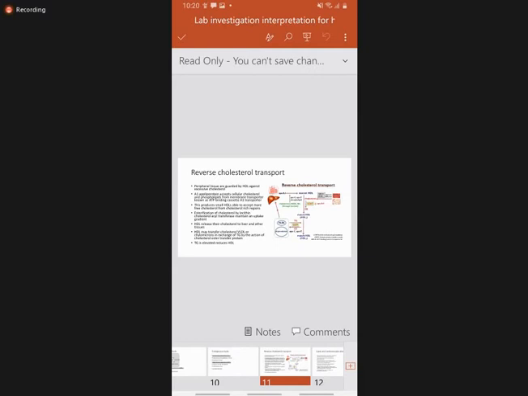Now the HDL esterifies this cholesterol with the help of the enzyme lecithin cholesterol acyl transferase. In the third step, when it is esterified, this cholesterol is transferred to the liver in exchange for triglyceride with the help of the cholesterol ester transfer protein. So you have a concept of this cardioprotectiveness.